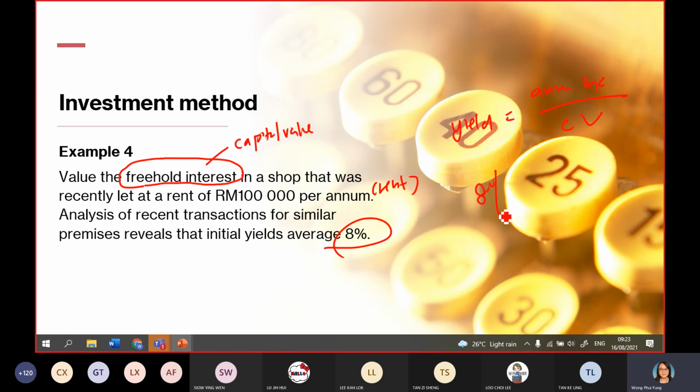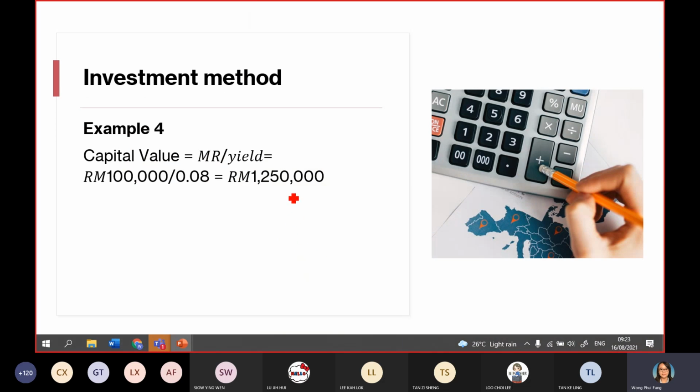Yield 8%, annual income 100,000. So your capital value is equivalent to this figure divided by 0.08. So you should be able to get this value. So the investment method is to calculate the yield, the market rental, and also the capital value. So this example 4 is a simple calculation using the investment method.